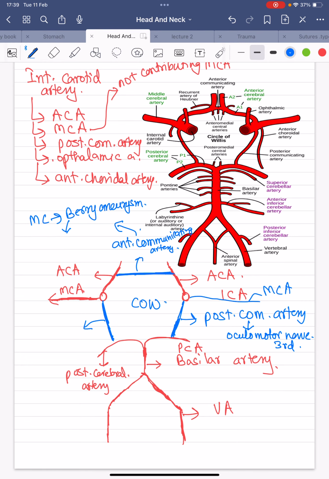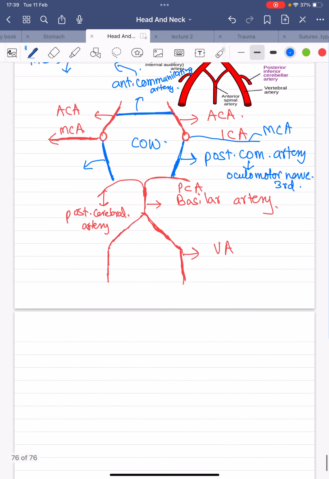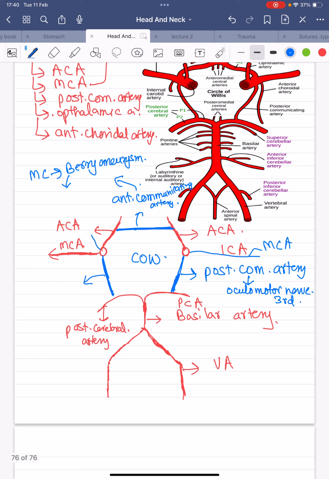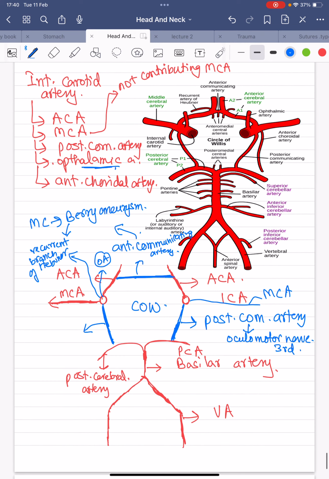Now some important points here also which you must remember. From this internal carotid artery, there is one branch coming out. This branch is known as the recurrent branch of Heubner. From the internal carotid artery, this branch is your ophthalmic artery, which is giving blood supply to your eyes.